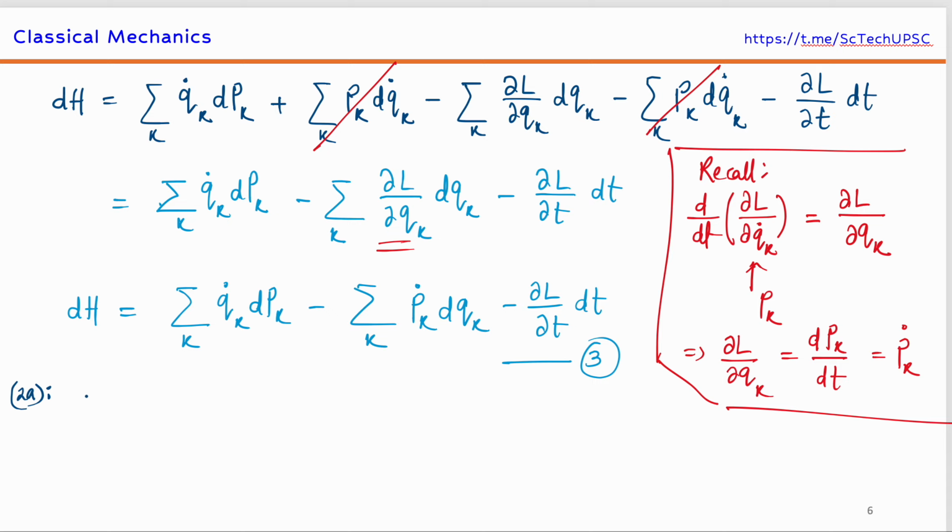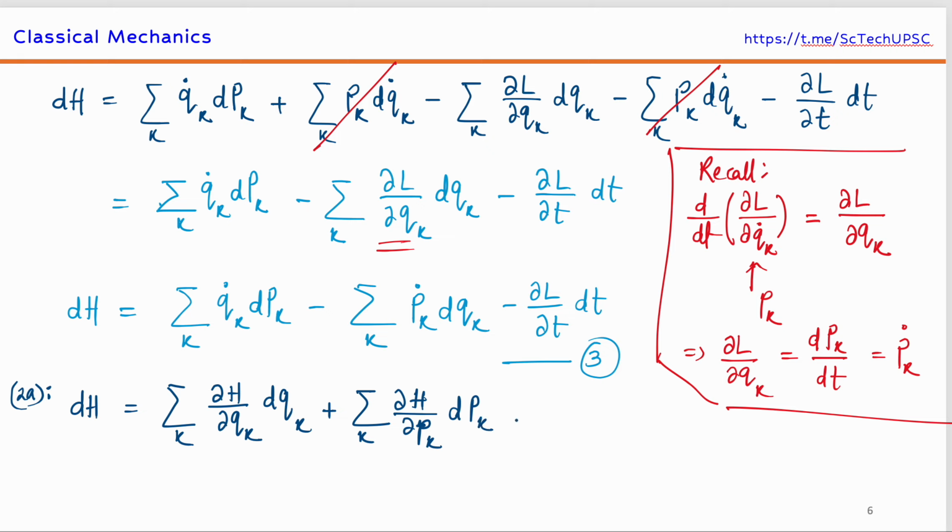What was it? 2a is summation del H over del qk dqk plus del H over del pk dpk plus del H over del t into dt.